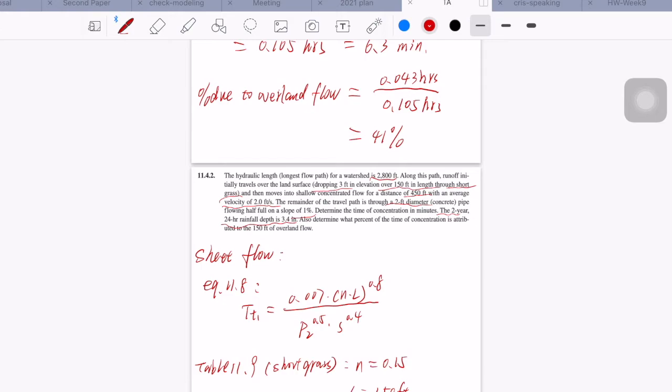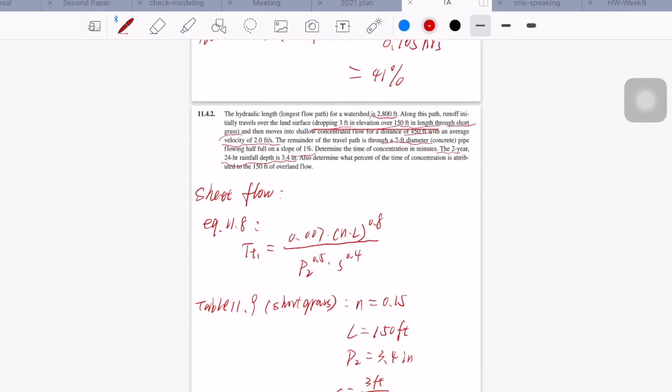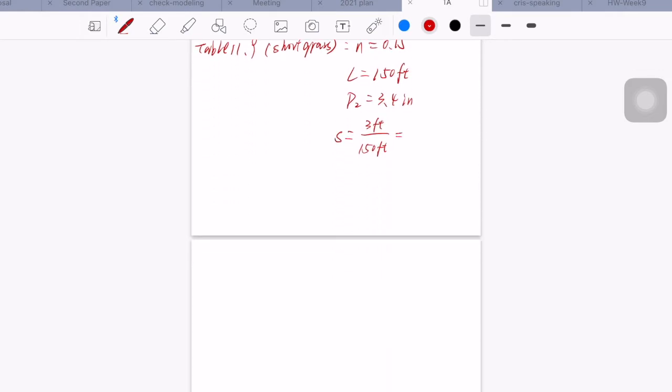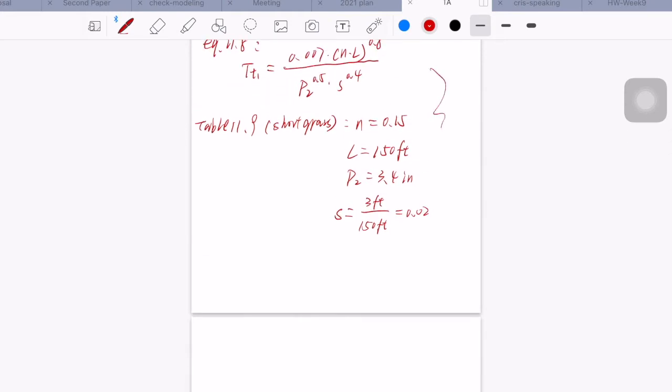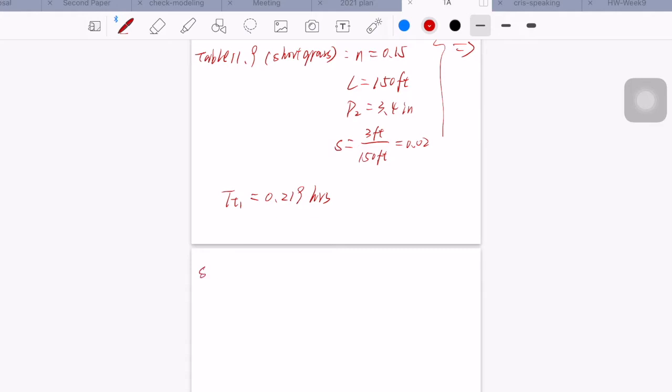Since we know it drops 3 feet in elevation over the 150 feet in length, the slope should be equal to 0.02. So now we can determine that the TT1 should be equal to 0.219 hours.